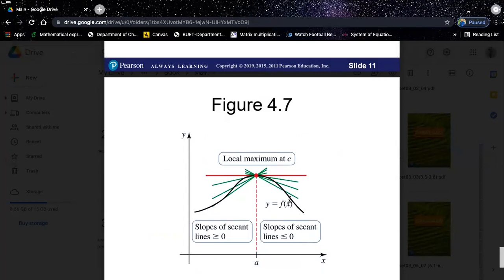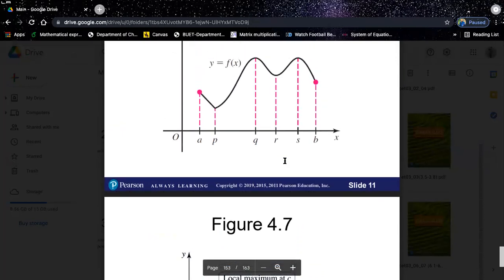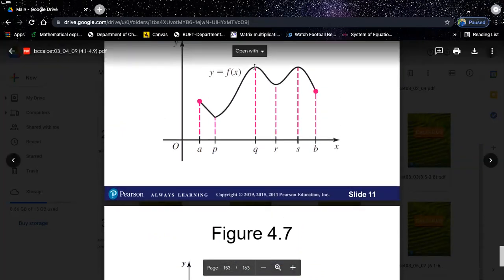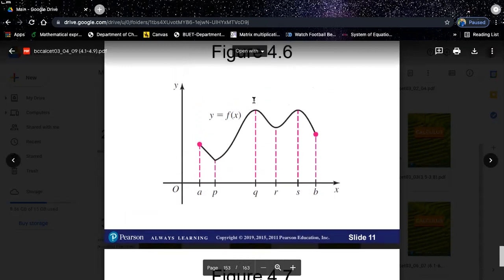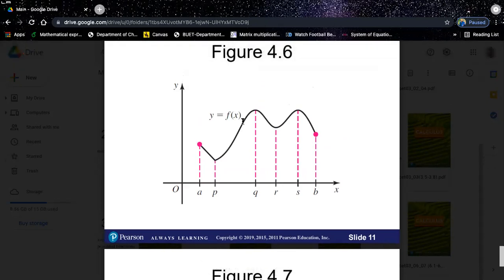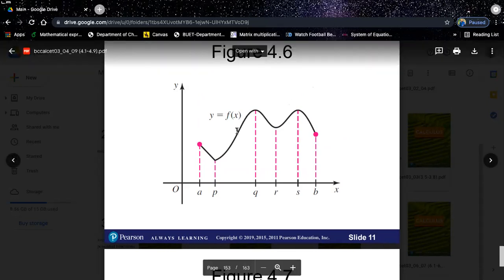Okay, and if you go to your left from the maximum point, and again follow the same procedure, you will see if you pick any point from this part of the graph, it will definitely go like this.